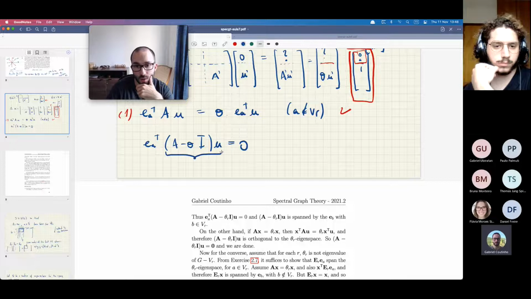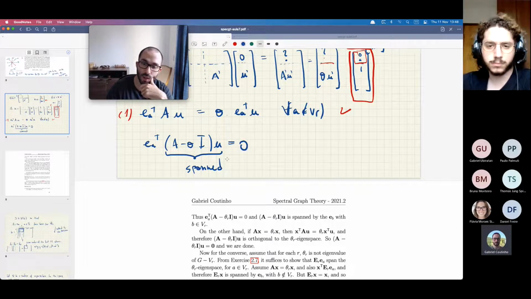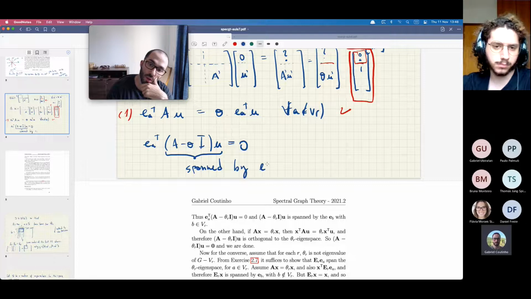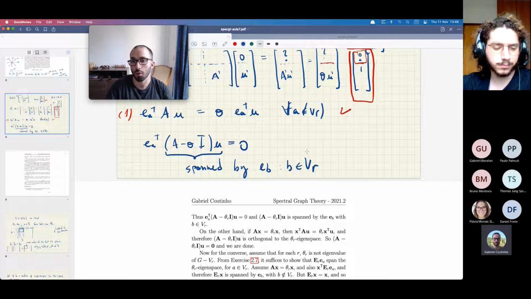So this vector is orthogonal, and this is true for all a outside of V sub R. So it is orthogonal to the span of E sub b with b belonging to V sub R, right? It lies in the orthogonal complement of these guys.